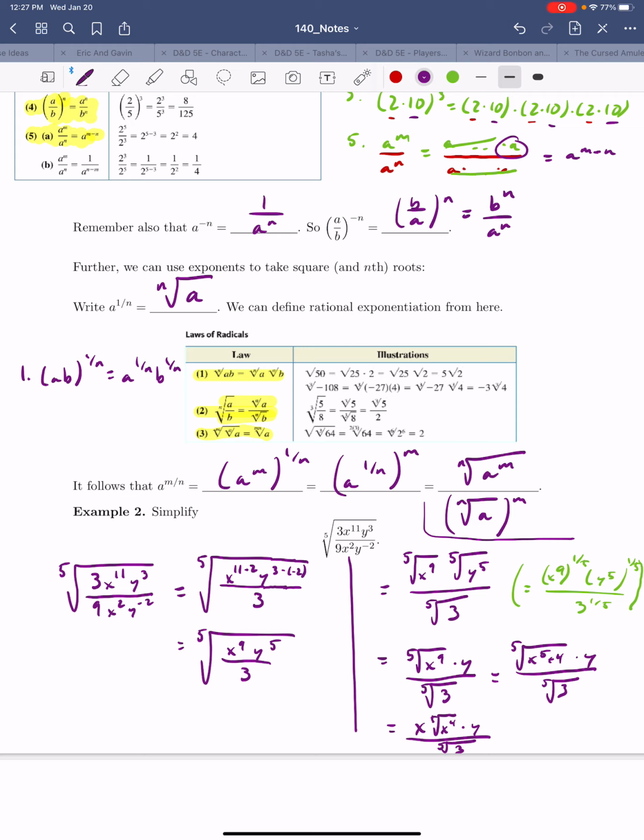A little bit cramped down there, but that's what you can get. So I just want to point out that this is a fine final answer. This is also a fine final answer. I have no preference with either. Whatever you feel is more comfortable. I might do both. That's all we've got.